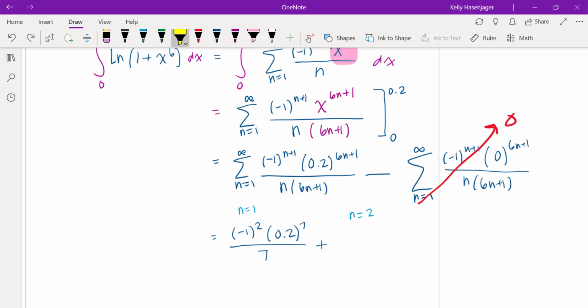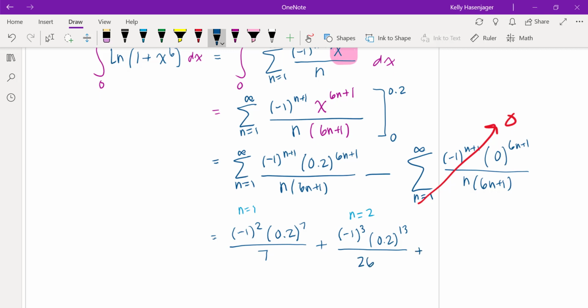Okay. So if we plug in 2 for n, we're going to get -1 to the 2 plus 1 power. So that's -1, 2 plus 1, that's 3. And then we'll have 0.2 raised to the 6 times 2, so 12 plus 1, that's the 13th power, all over n is 2 times 13, so that would be 26.